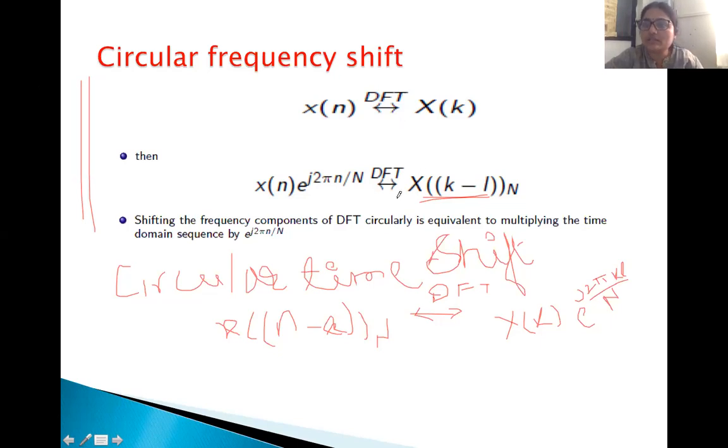This property says that if the time domain input sequence gets multiplied by an exponential factor, it is going to result in shifting of the sequence in the frequency domain. Whereas if the DFT values get multiplied by an exponential factor, it is going to result in shifting of the sequence in the time domain, right?